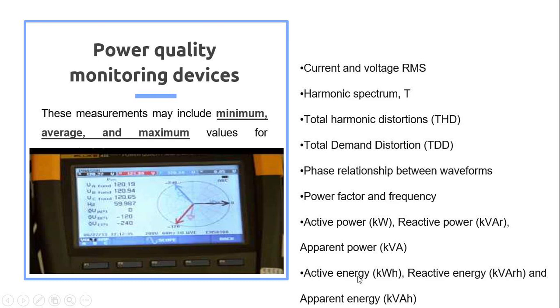All these measurements are automatically saved in an Excel file when you transfer the data.